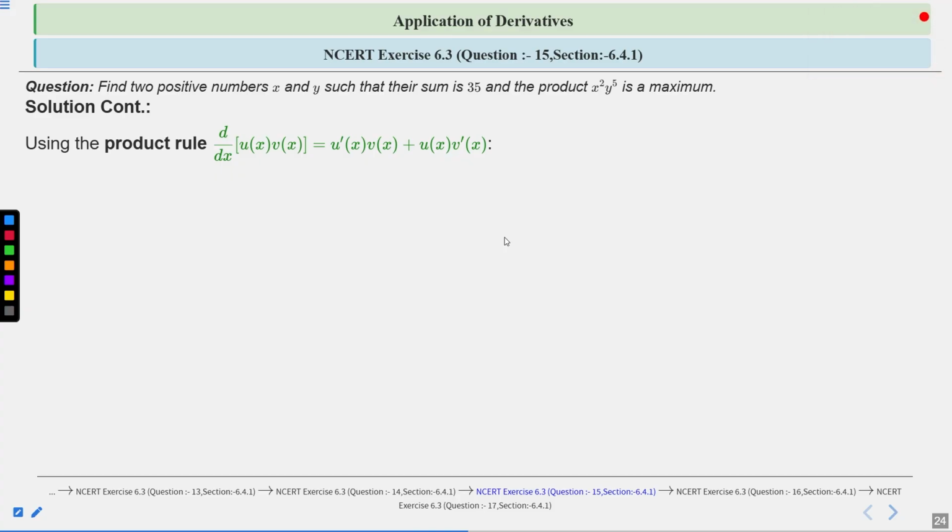Now using the product rule, which is d upon dx of u(x) into v(x) is equal to u dash x into v(x) plus u(x) into v dash x, let u(x) equal x square and v(x) equal (35 minus x) whole to the power 5.